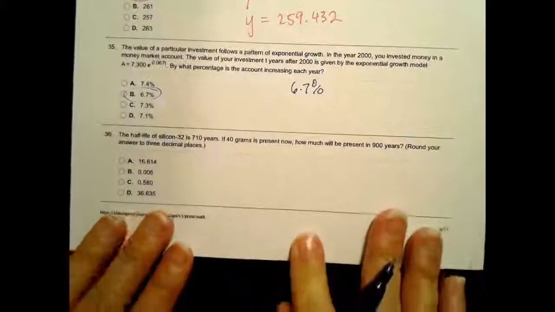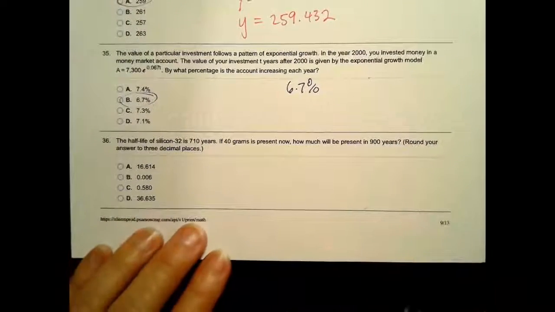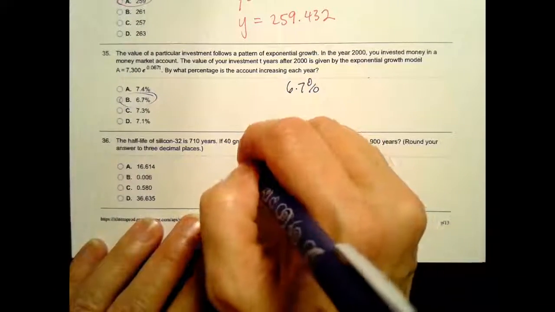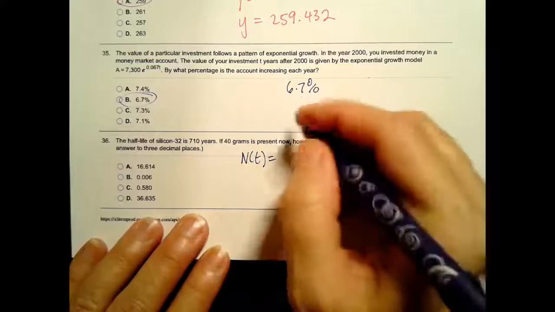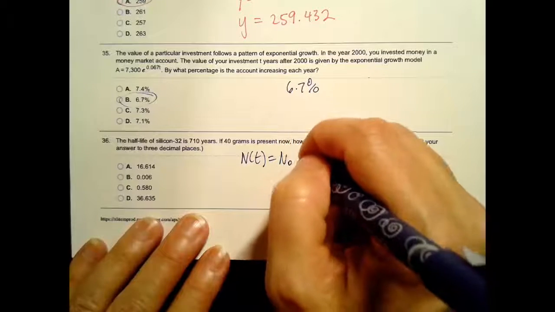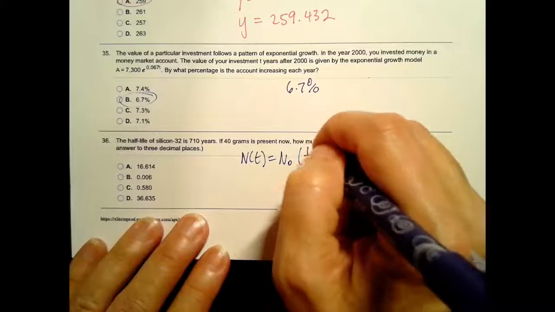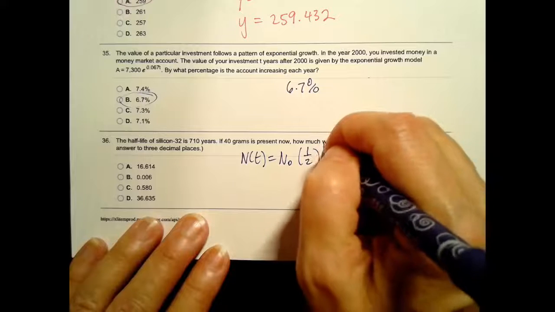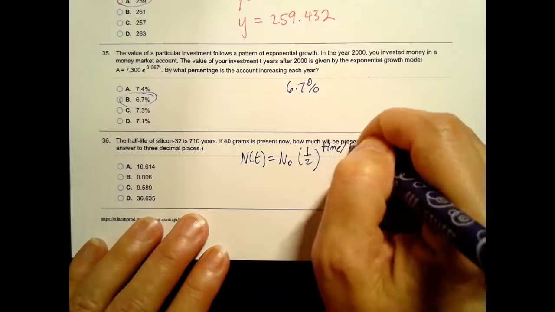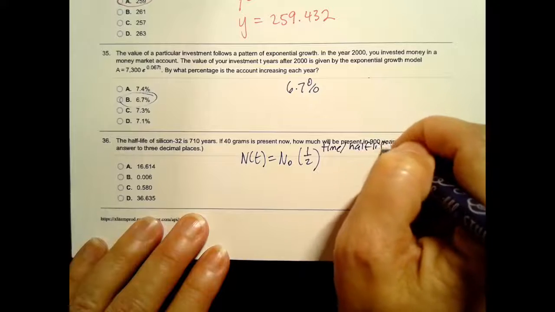And then our last one, I had to look this formula up because I did not know the formula, but I found this formula for half-life, and I suppose that Mr. Davis has already given you the formula.